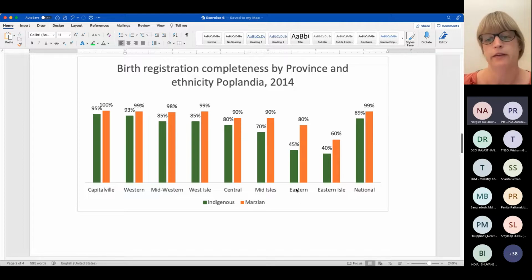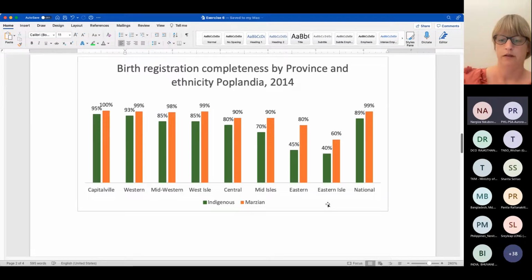So what that tells us is, yes, there's definitely an access issue, and there are access issues for both ethnicities, but there's something else going on. Because if it was just access, these would be the same. They'd both be at 45 or both at 40. But there are also some cultural factors or something else going on, because there's a difference between ethnicities.